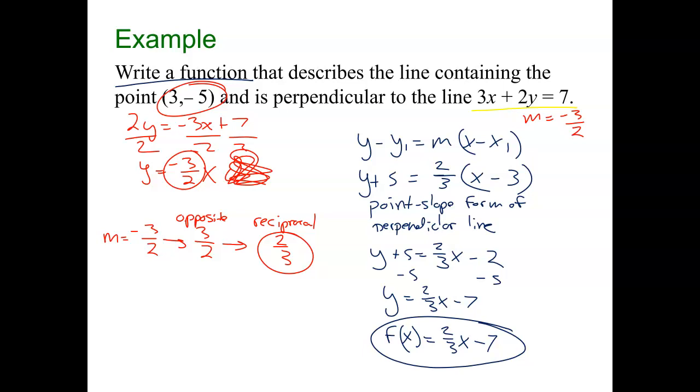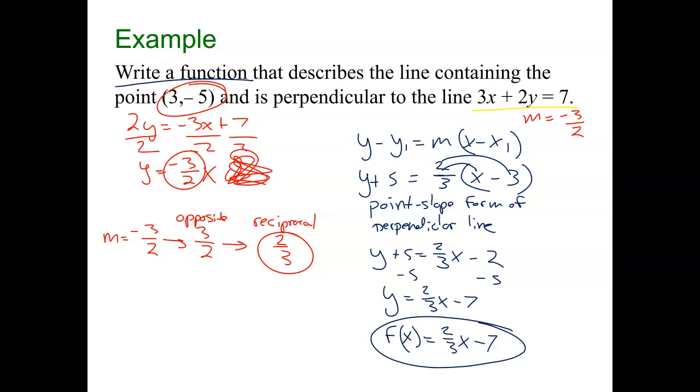So I distributed 2/3 times negative 3. The 3's cancel out, leaving me with just the negative 2. But I still have to have y by itself.